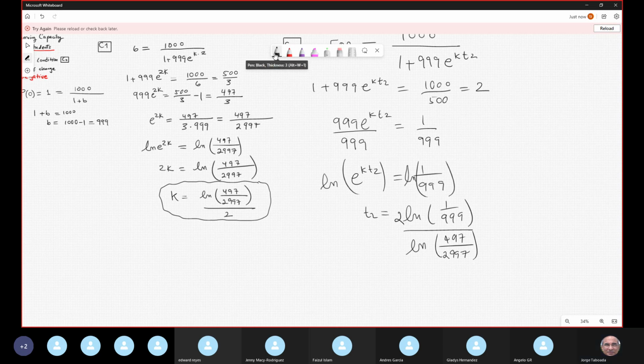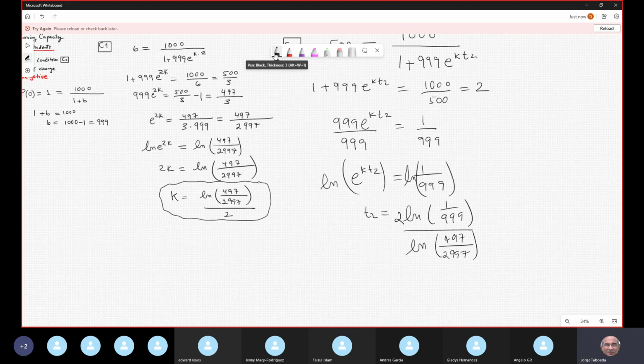Oh no. Come on, guys, calculate, everyone. Check your answer and my answer. You put in the calculator 2 times the natural logarithm of 1 over 999.